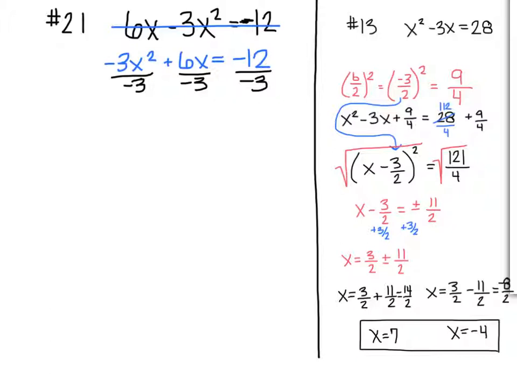The negative 3's should cancel for the x squared. So we're left with x squared. What's 6 divided by negative 3? So negative 2x equals, what's on the other side? 4.